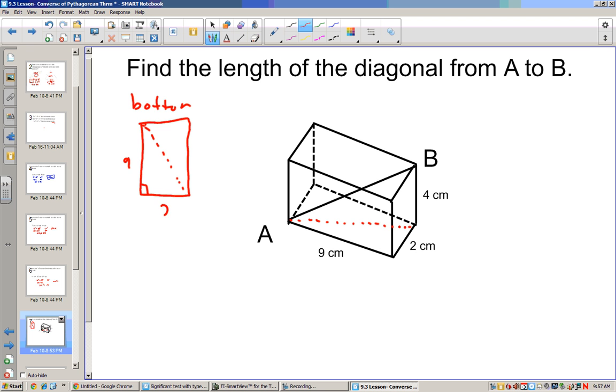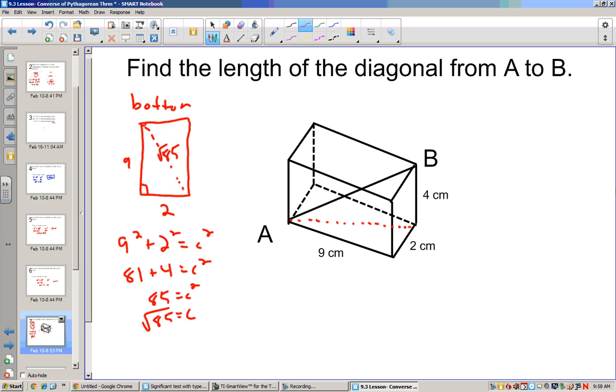And I know this side is 9 and 2, so I could find my hypotenuse, which is that dotted line, by saying 9 squared plus 2 squared is equal to c squared, or 81 plus 4 is 85. So the square root of 85 is this distance.